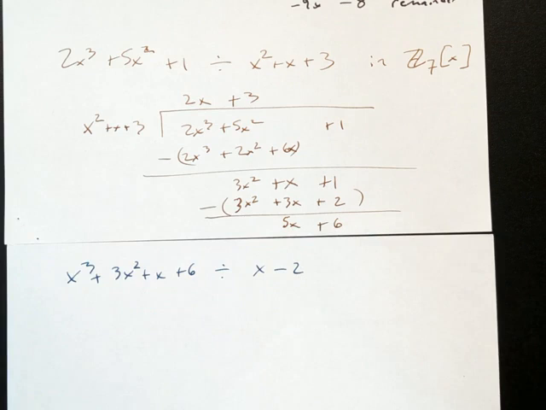By default, coefficients should be positive, but there's no requirement. I'm writing x minus 2 for a reason I will get to in a bit. In Z7.